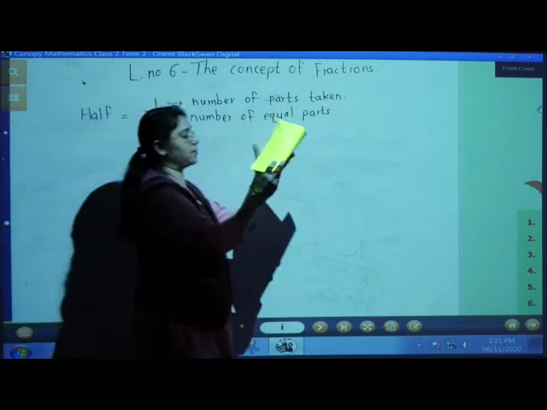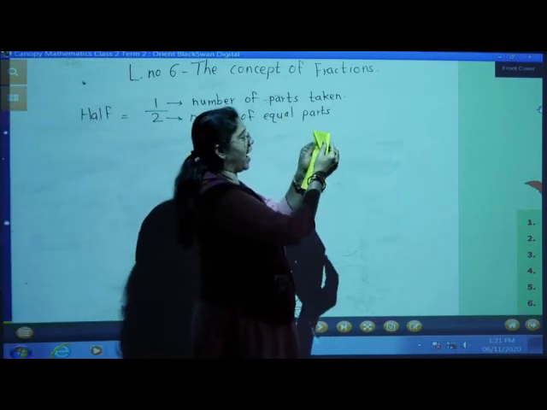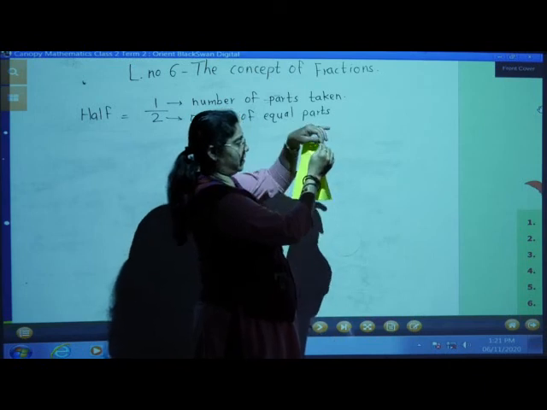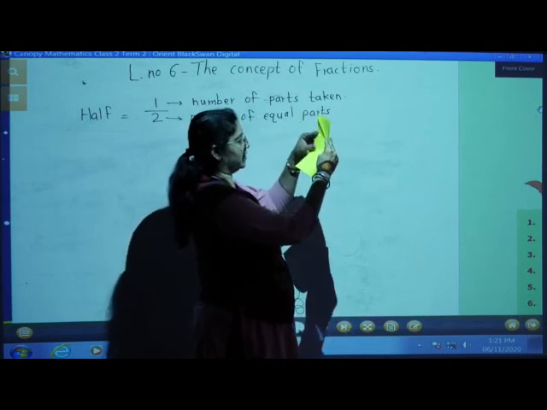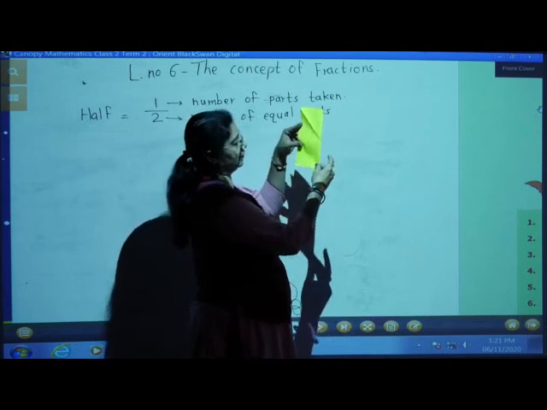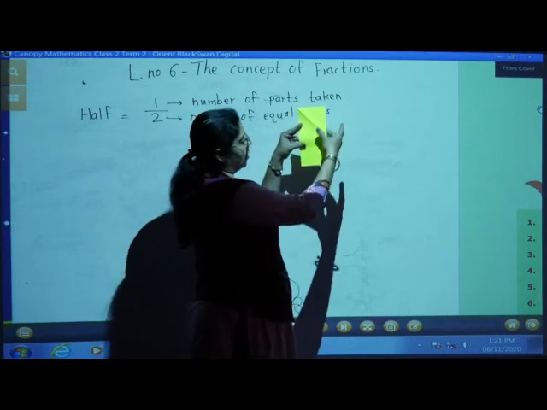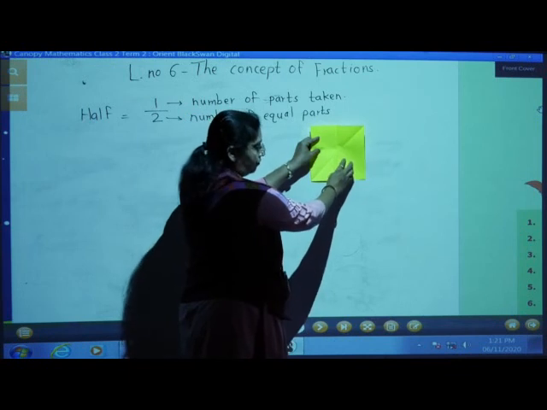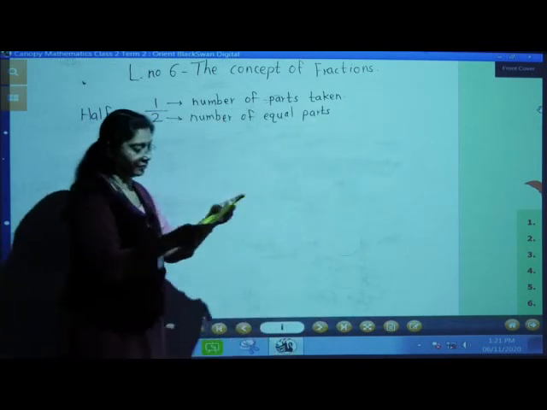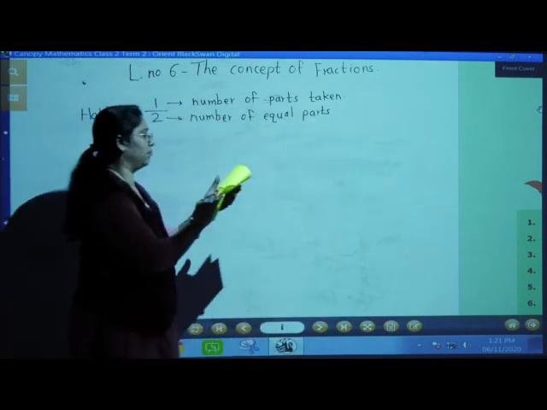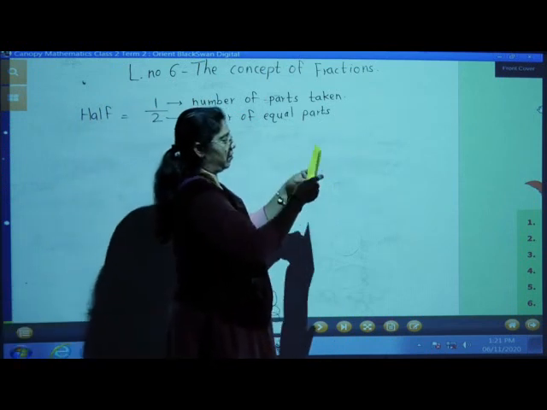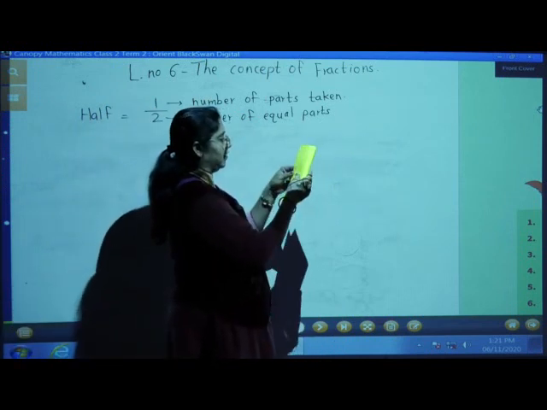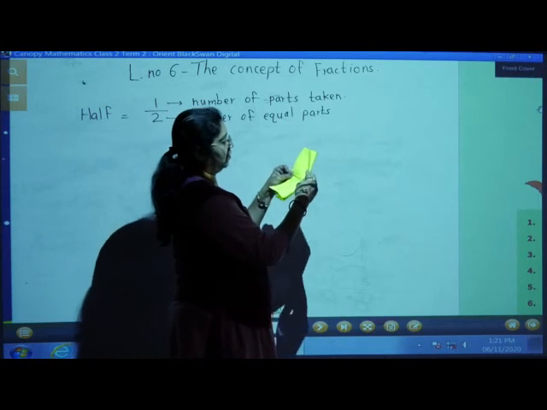We can fold this paper in many ways. See, now I am folding like this. Now each part is called half. Okay? One another type is there.